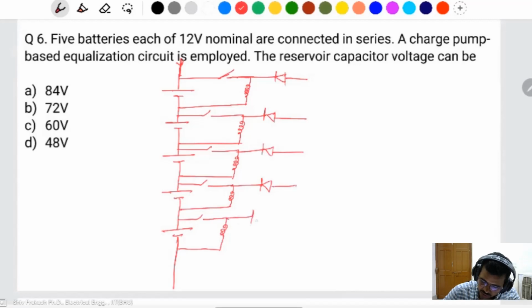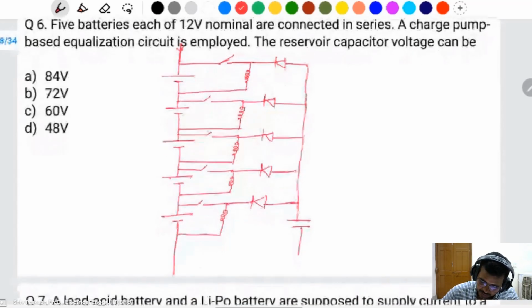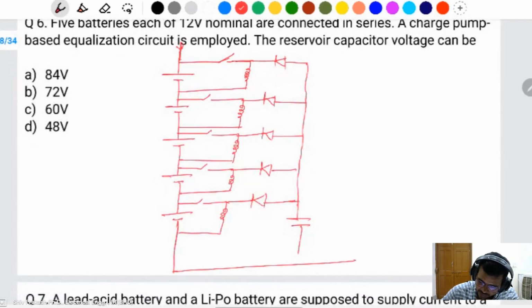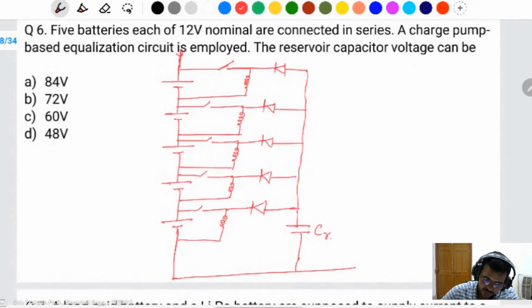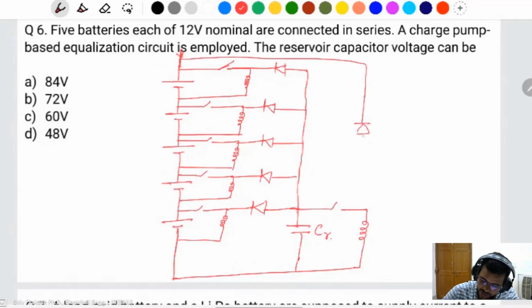The whole circuit works in a boost mode, like a boost converter mode. There is a reservoir capacitor. Boost phenomenon also is there to charge the whole cell battery.